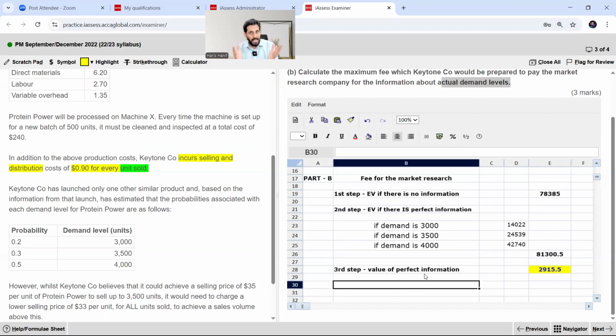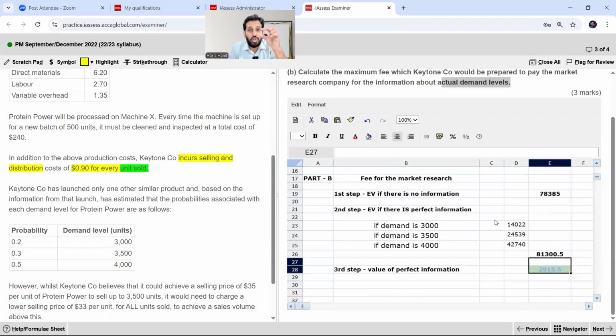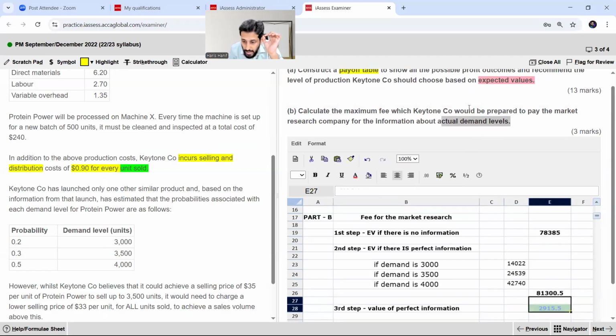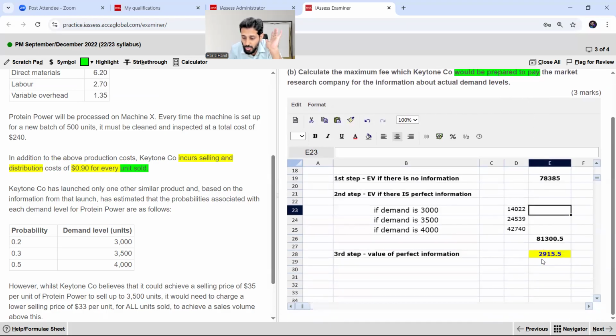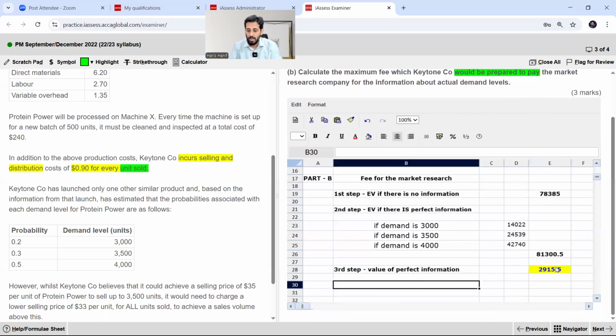So practically you should pay me less than 2195. How much you would be prepared to pay, that is this amount, not more than that. But practically speaking, you should pay me less than 2195, right?